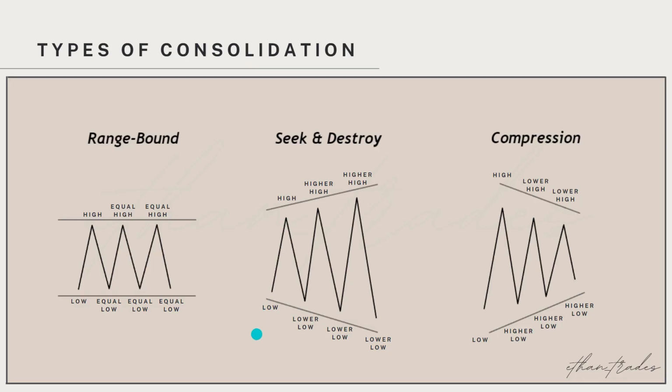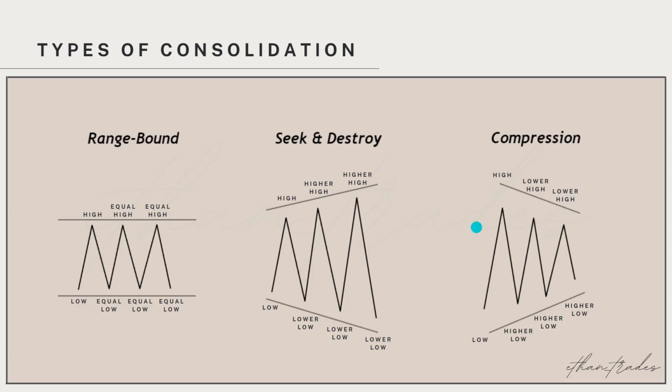And vice versa, the low: let's say someone entered a buy here, they're making money, but they hold the position and they get stopped out at this low. That's why we call it seek and destroy, because everyone is pretty much seeking and destroying everybody's position. So it would be a low, a high, a lower low, a higher high, a lower low, a higher high, a lower low, where it's like a widening wedge.